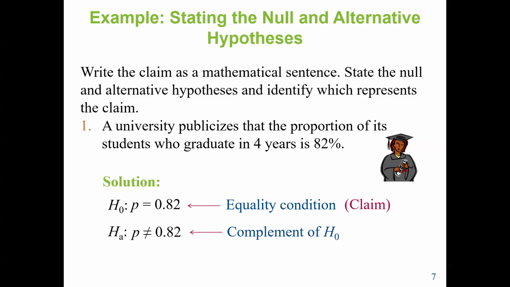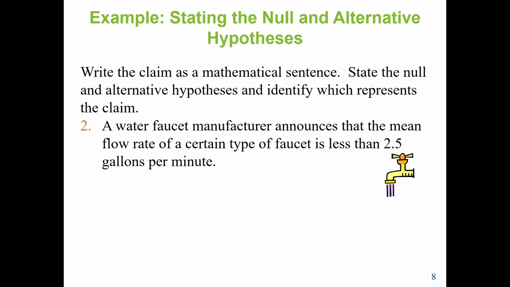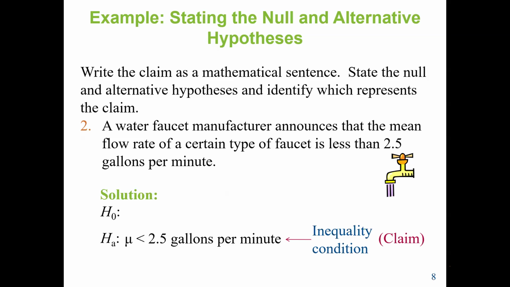If no question, let's keep going. Second question: a water faucet manufacturer announces that the mean flow rate of a certain type of faucet is less than 2.5 gallons per minute. So again, we have H0 to be the opposite of HA.